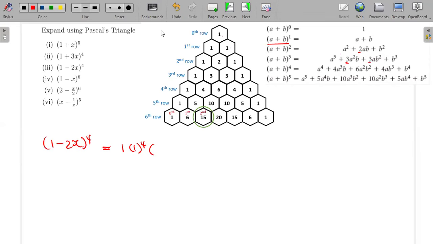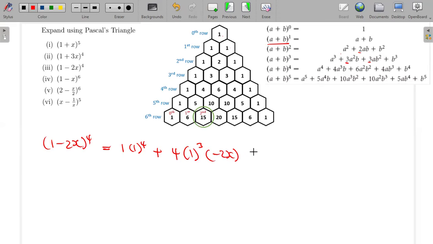Then we move to the next value. The coefficient is 4 first, and then you have 1 raised to the power 3, and then you have negative 2x like that.